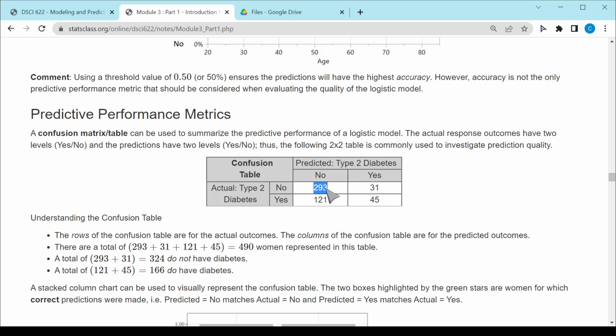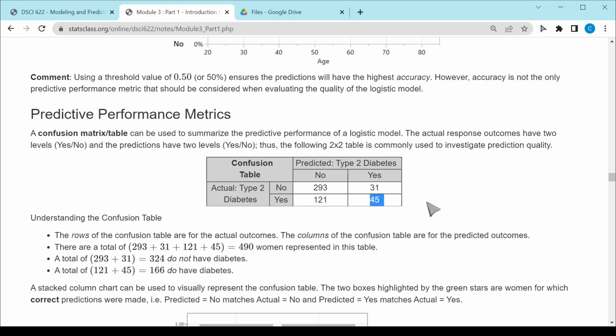What would this 293 represent right here? Those are people that actually do not have diabetes, and my model predicted that they do not have diabetes. So I did pretty good. There are a lot of people in this data set that do not have diabetes, and often the model predicted that they do not. How about this cell down here in the lower right? Here I had 45 people that actually had diabetes, and my model predicted them to have diabetes.